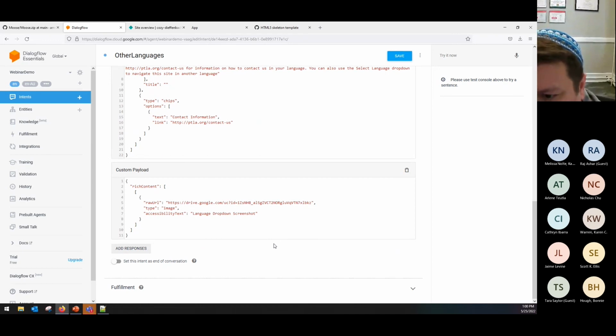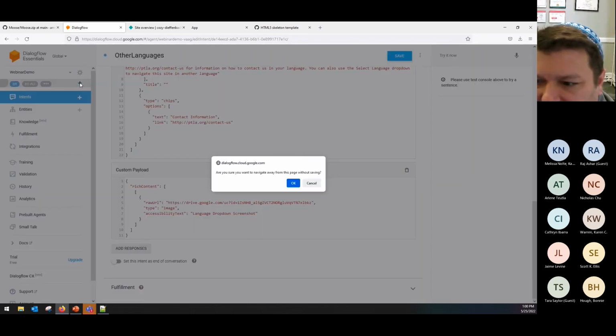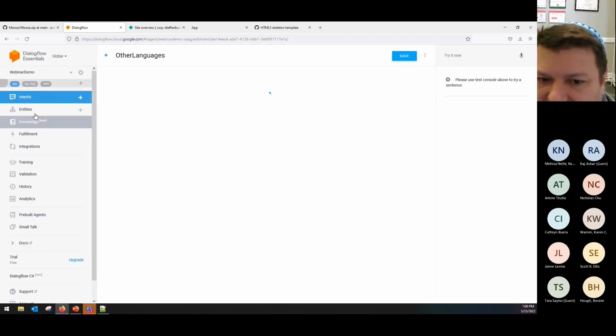I did this with Moose just because of the scope and nature and size of that project. However, chatbots can be developed and set up to be multilingual. The way that you do that is, right here, let me get back to the intents.